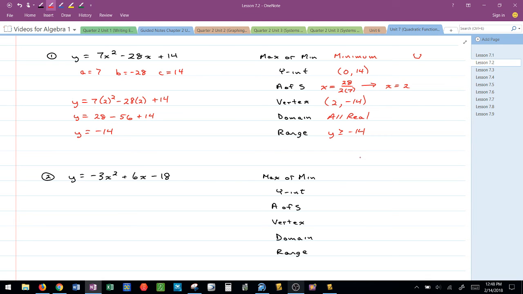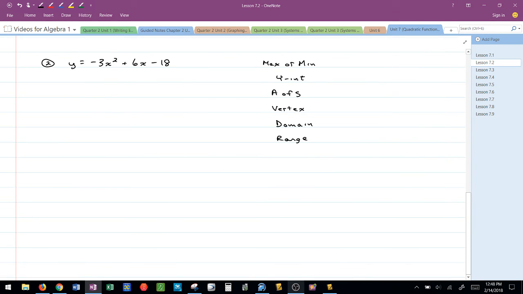Let's do another one where we have an a value that is negative. So if the a value is negative, let's write down our a, b, and c first. If a is negative, I'm unhappy or frowning. That tells me I'm dealing with a maximum.